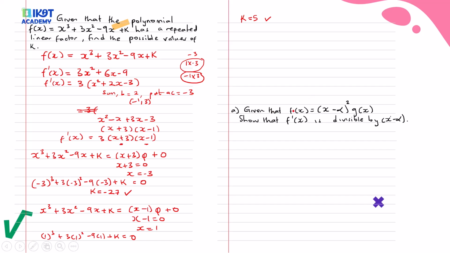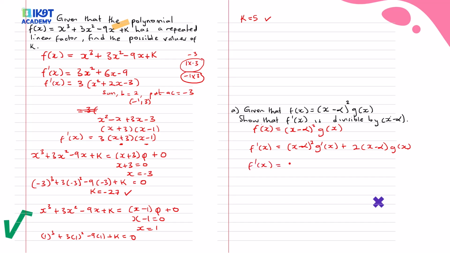Okay, now this question says, given that f(x) is equal to this, show that f prime of x is divisible by this. So this is similar to the first thing we had done in the previous lesson, as we're introducing this concept. We say f of x is equal to x minus alpha squared g of x. So I'm doing it like this because we have done it before, plus 2 into x minus alpha g of x.